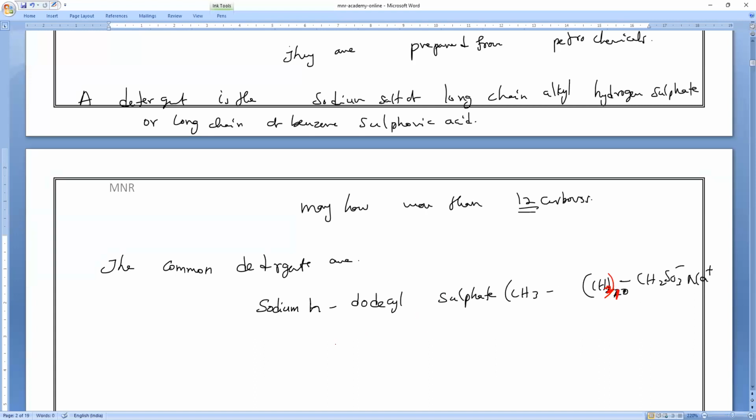Next, another one is sodium n-dodecyl benzene sulfonate.